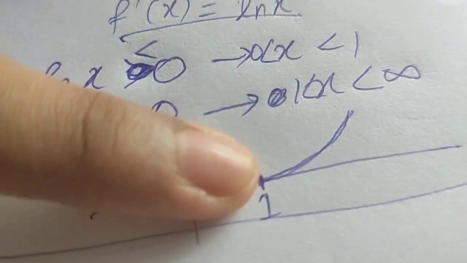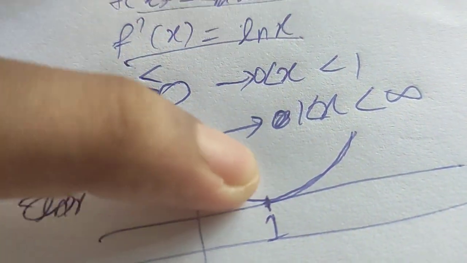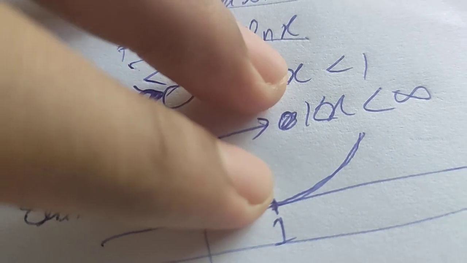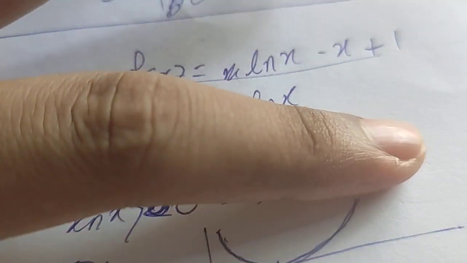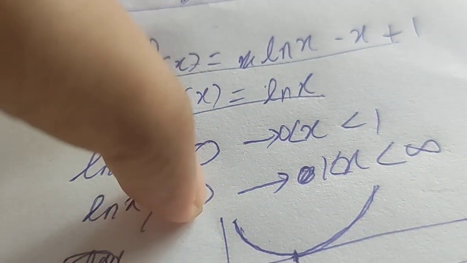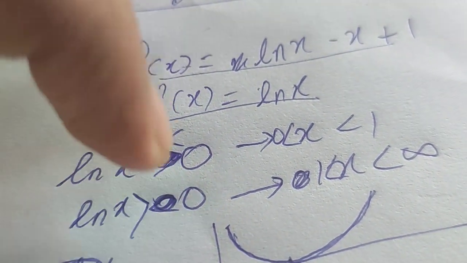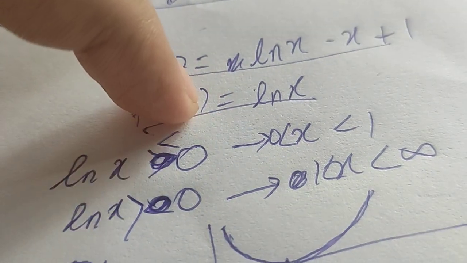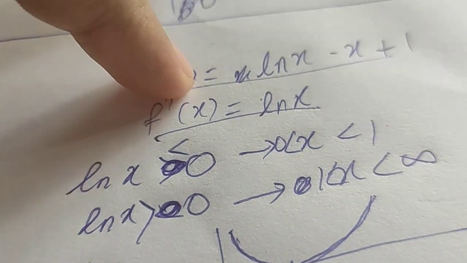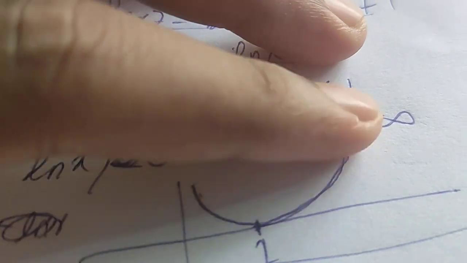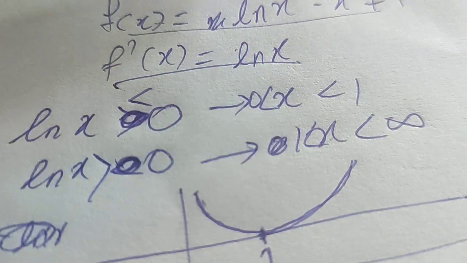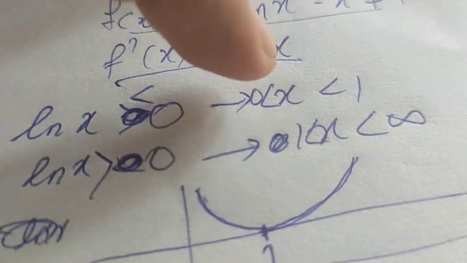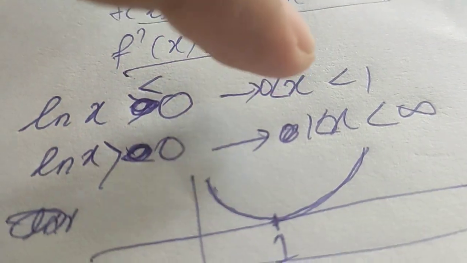So what I did is that first, don't look at here, first on a graph I would mark x is equal to 1, and then I know that from 1 to infinity ln x is greater than 0, that is f dash x is positive, that implies that f of x is increasing. So the graph would be somewhere like this, right? It would be increasing. Now from 0 to 1, it was decreasing, right?